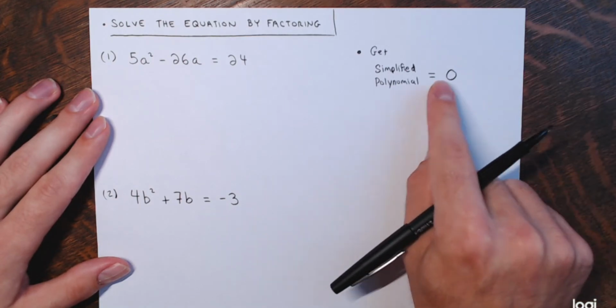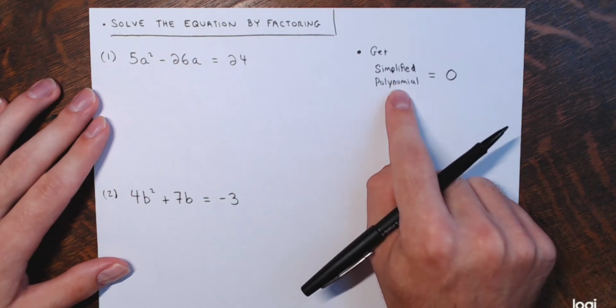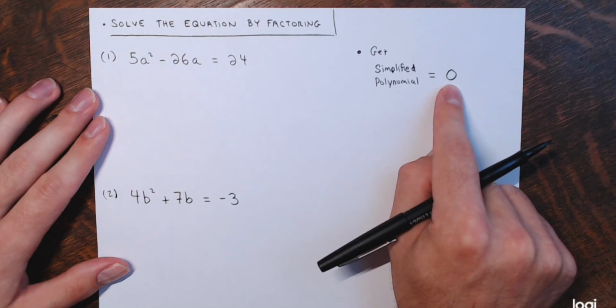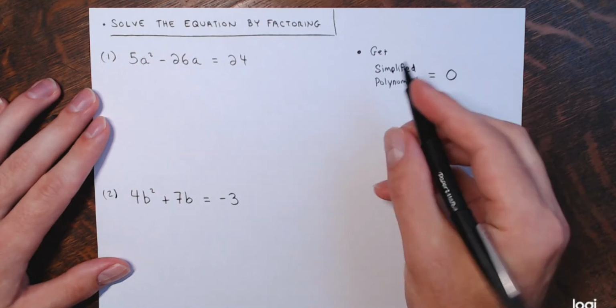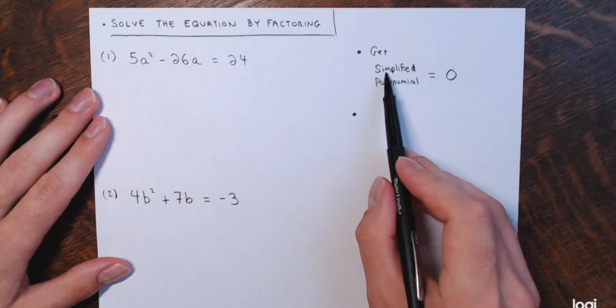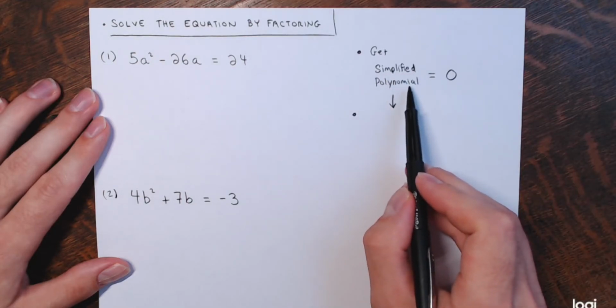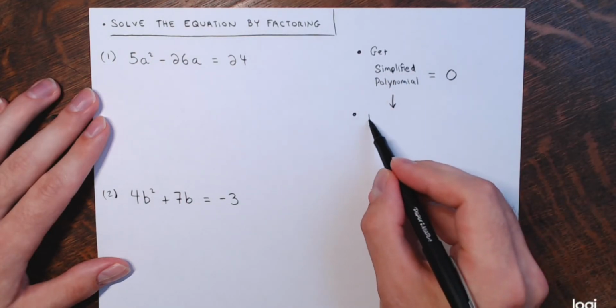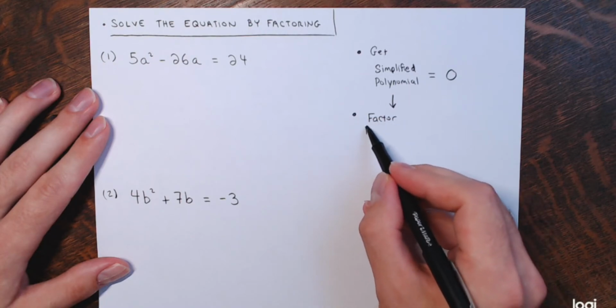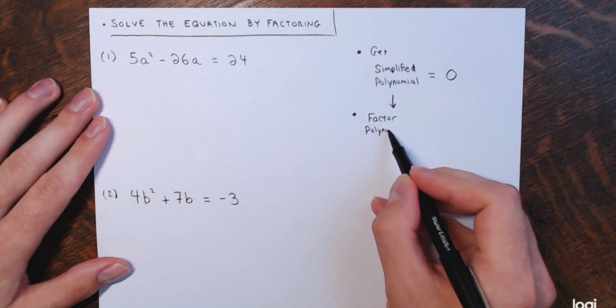So basically I'm taking everything to one side and simplifying that expression and making sure there's nothing on the other side. Then, whatever this simplified polynomial looks like, I'm then going to factor that polynomial completely.